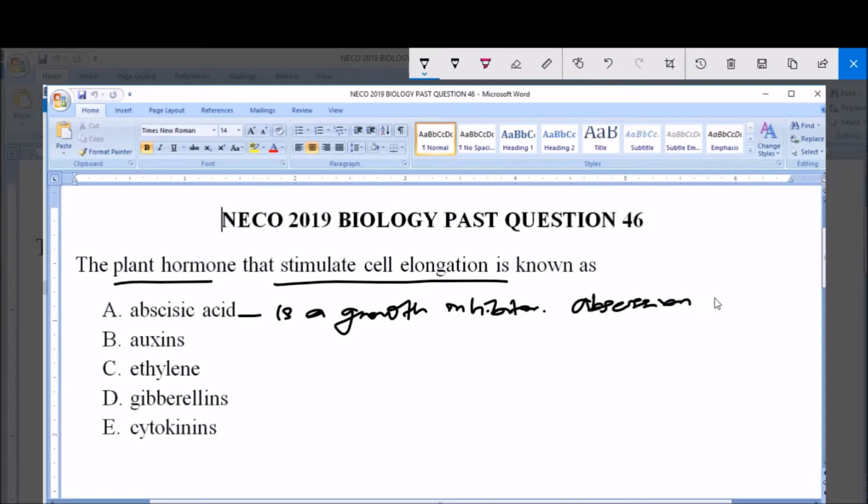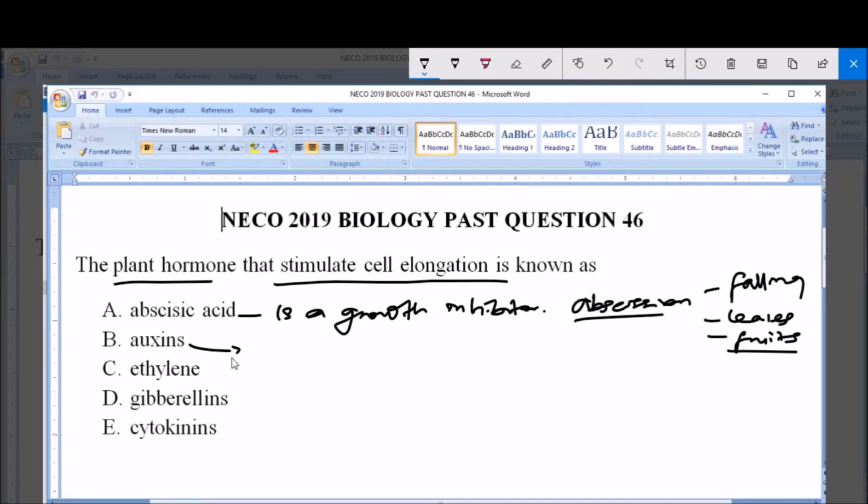Abscission simply means the falling of plant parts. For instance, the falling of leaves is abscission, and the falling of fruits is also abscission, that is after aging. So abscisic acid stimulates aging and abscission and suppresses the growth of buds.